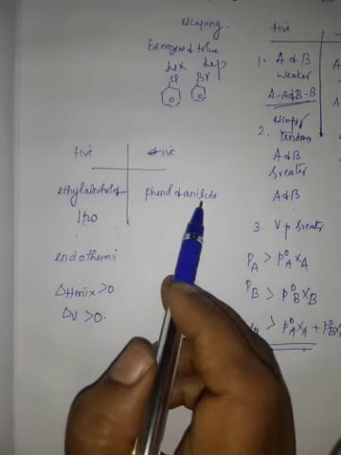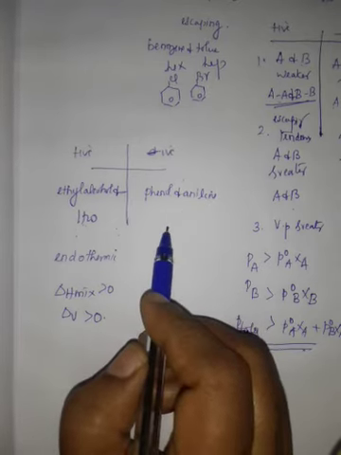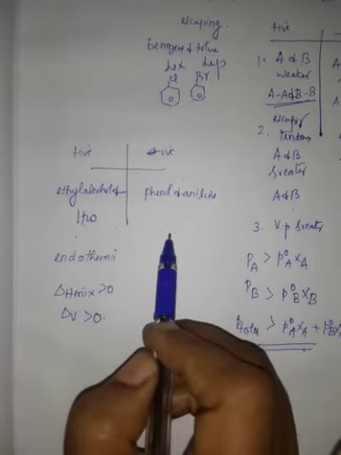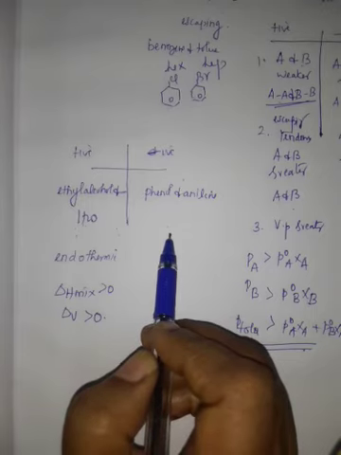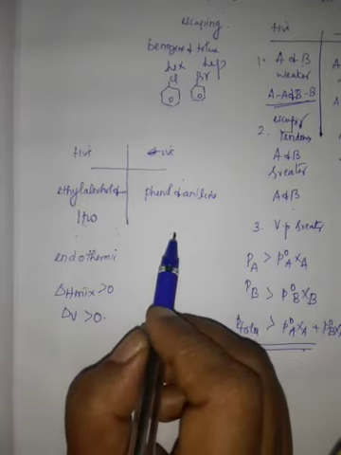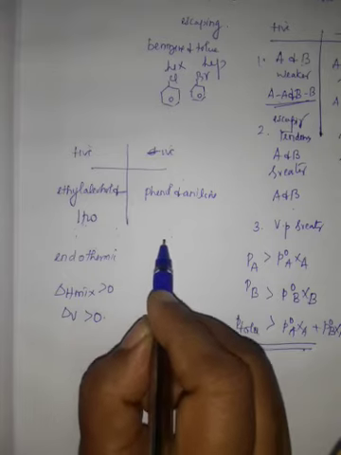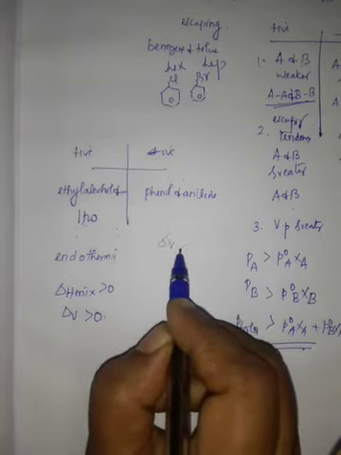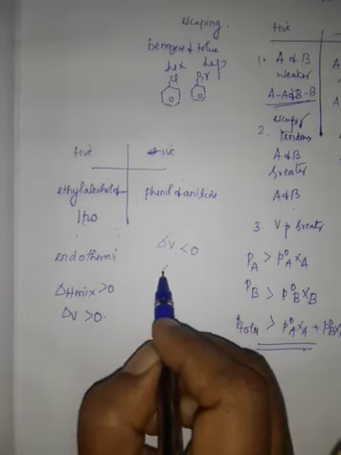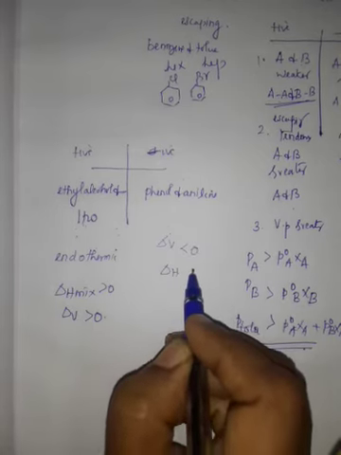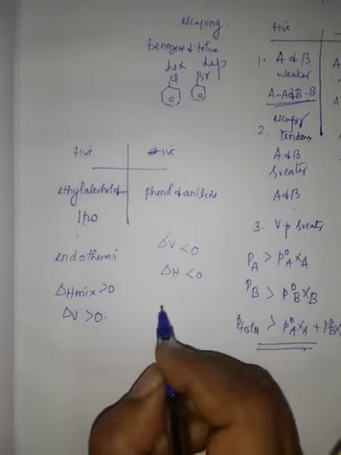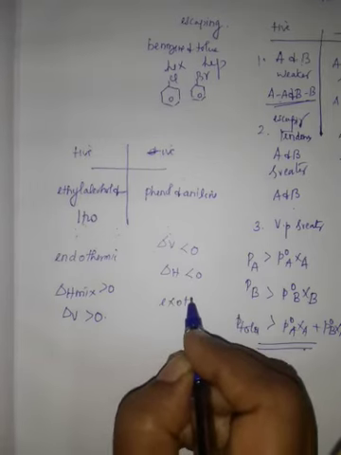So, the escaping tendency gets reduced, here increased, here reduced. So, the vapor pressure of the solution is also less, and there is a slight decrease in volume, that is delta V less than 0 on mixing and delta H less than 0 on mixing. So, exothermic process.